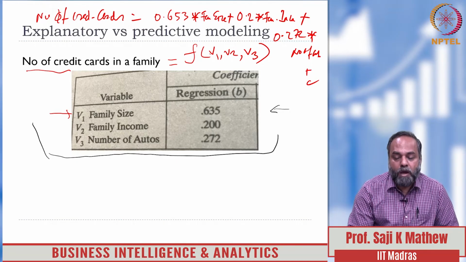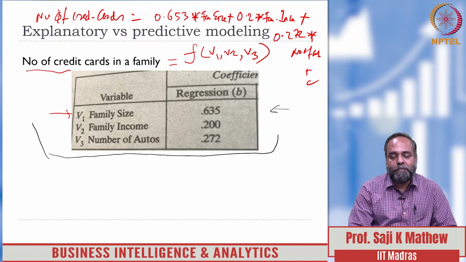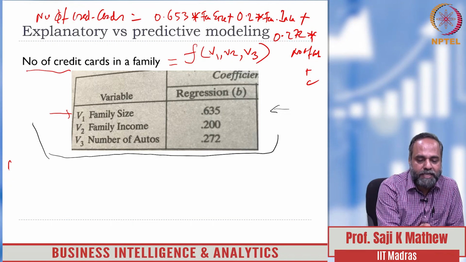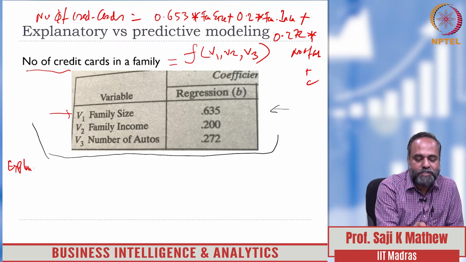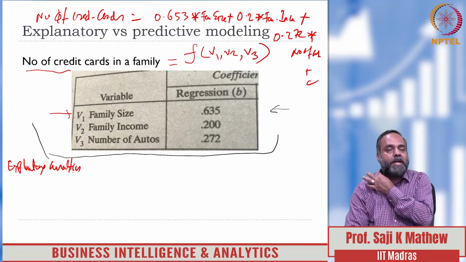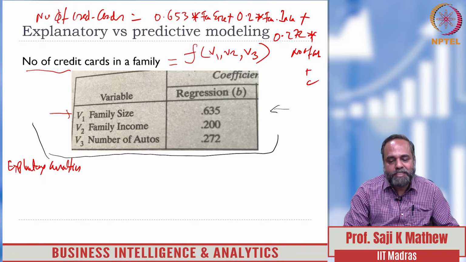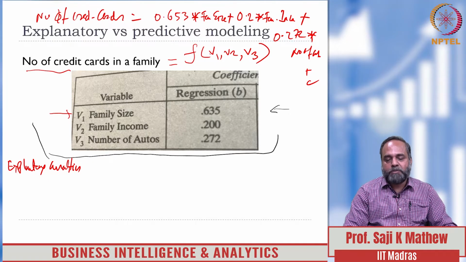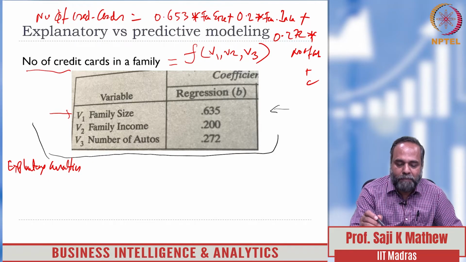Now, after building the model, the team has to make a presentation to the management to give an explanation. So this is an explanatory project, explanatory analytics. In explanatory analytics, the objective is to explain y in terms of x. This project team is very happy with their accomplishments, and they make a presentation looking at the values of the coefficients.